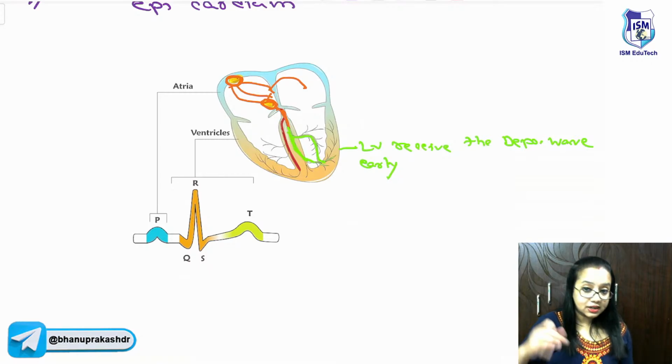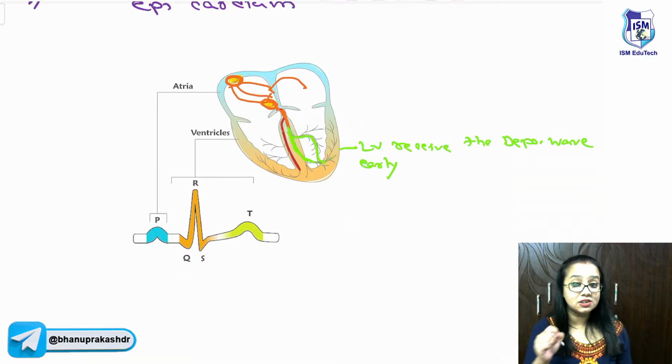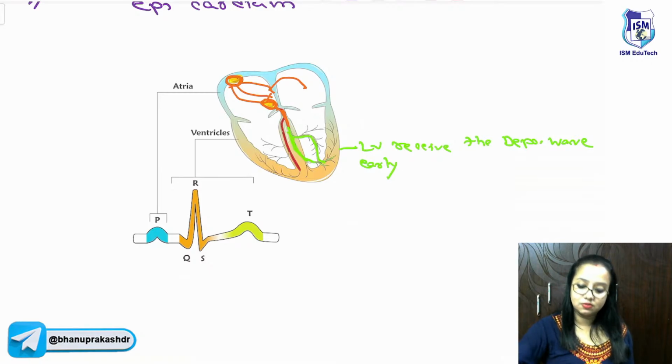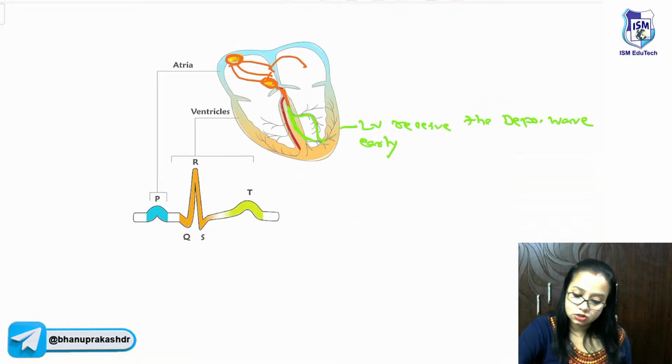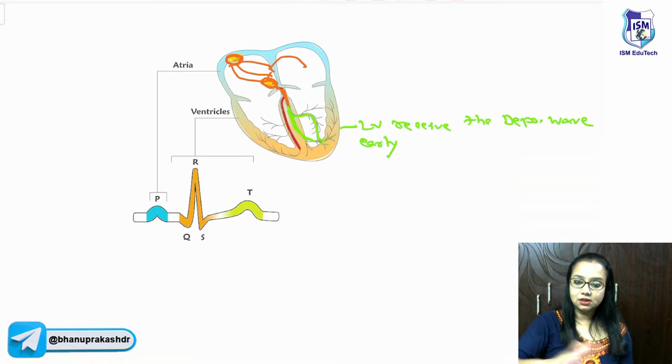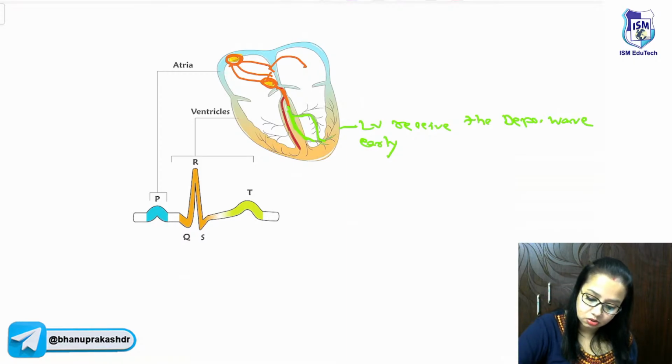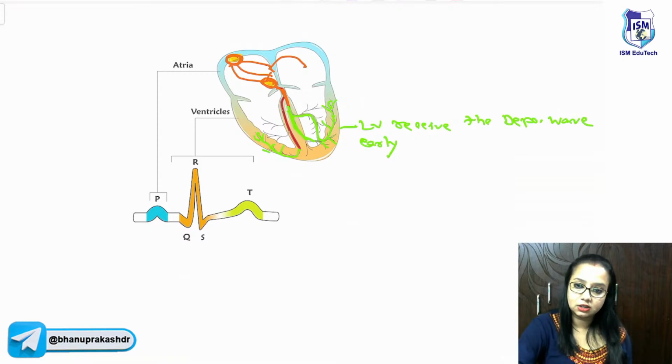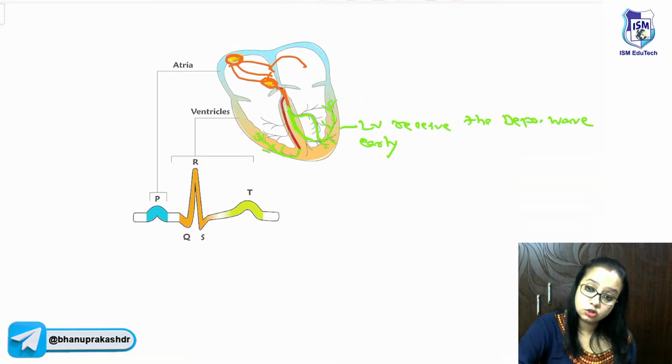But the contraction is a little bit faster, a little bit earlier in the right ventricle. That we will come to when we study the cardiac cycle. So once it sweeps the major part of the ventricles, after that it goes up through this fascicle. See the fine branching through the fascicle, it goes late and lastly to the posterobasolateral, the topmost part, and then the wave of depolarization stops.